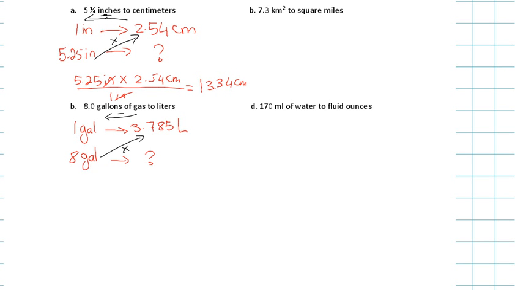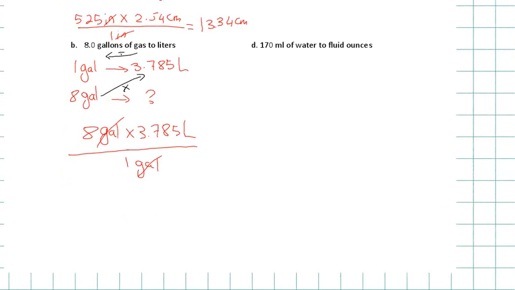So that would give me 8 gallons times 3.785 liters divided by 1 gallon. The gallon and the gallon would cancel. And I will have, what would it be, about 30 point something liters.